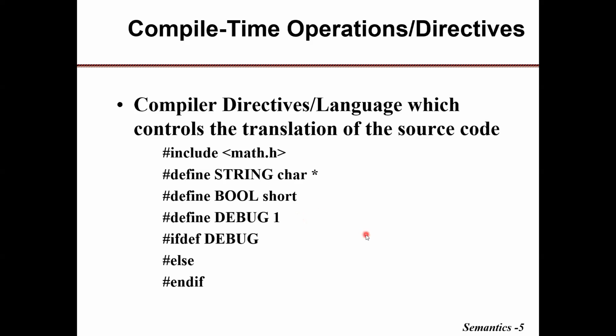Okay, so I'm kind of mixing two things up in this one slide here. One is, from the compiler perspective, what does it do when it encounters one of these things? Well, in the case of these defines, it's creating a table entry saying, hey, we've created this name here, and it has this value here. So anywhere that the programmer then uses this, it's going to do a substitution with this.